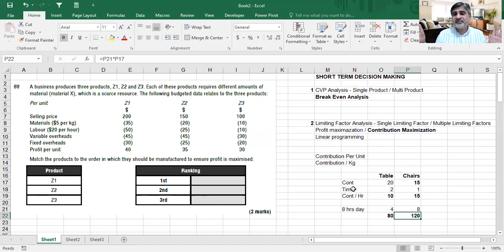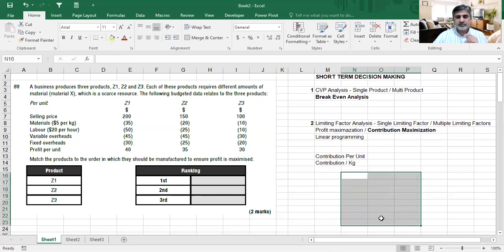If there were no limiting factor, I would be making tables. I should find out contribution per limiting resource or scarce resource, and make my ranking accordingly.